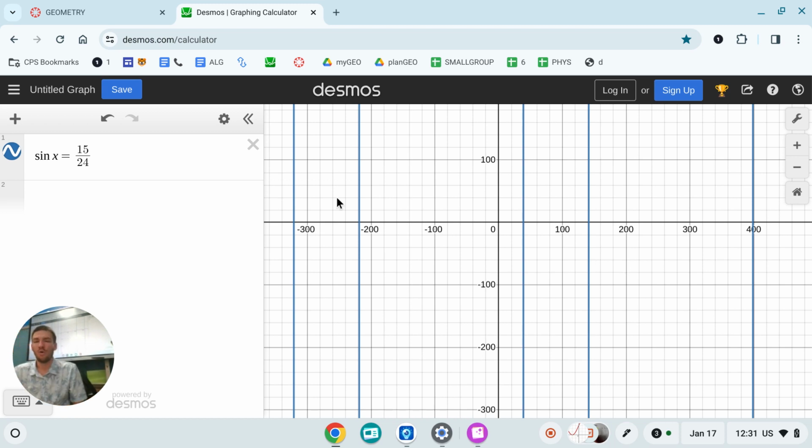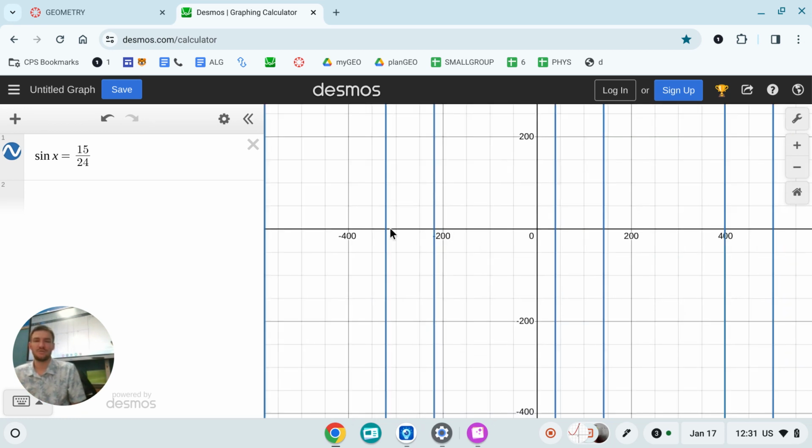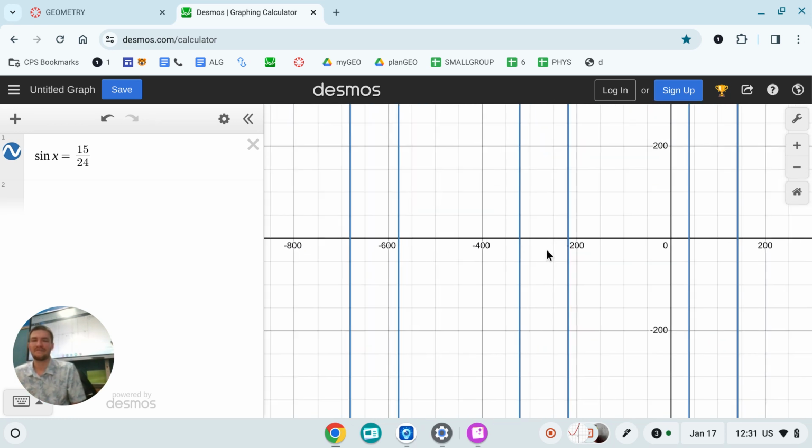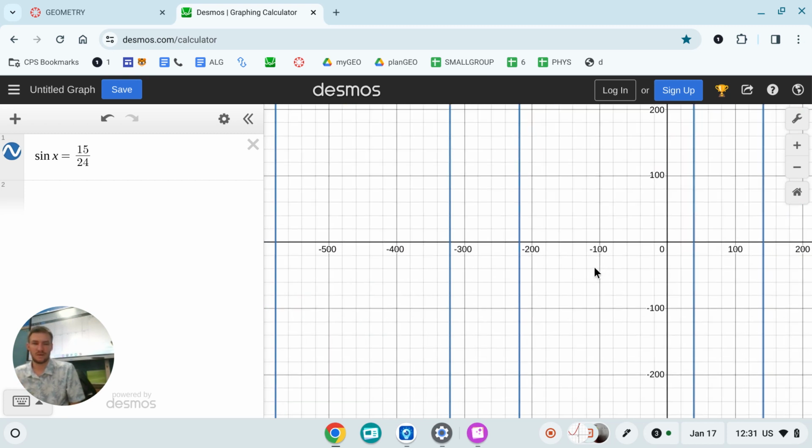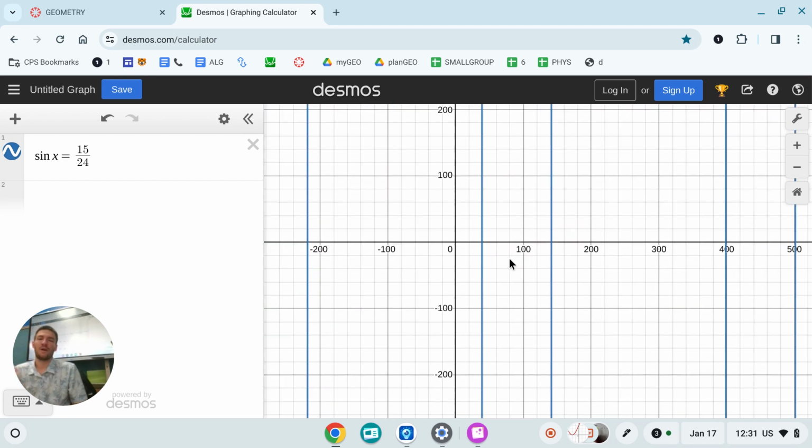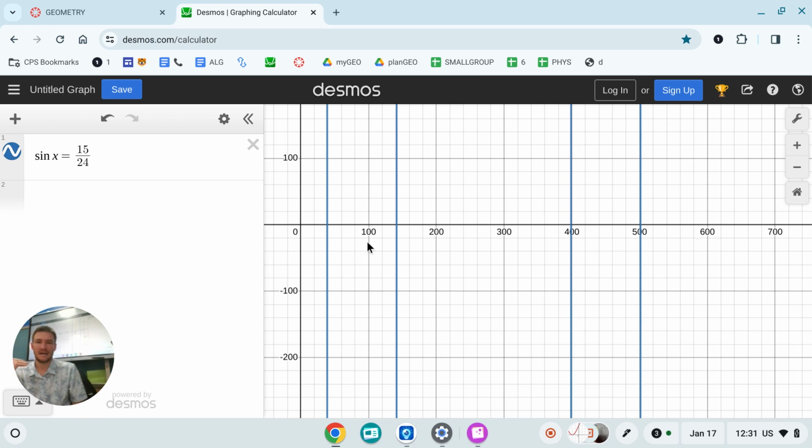Are we going to use negative numbers for a negative angle? No. All right, so we're not going to choose any of these lines in the negative side because we don't need those, okay? Then we're going to have a bunch of positive lines.